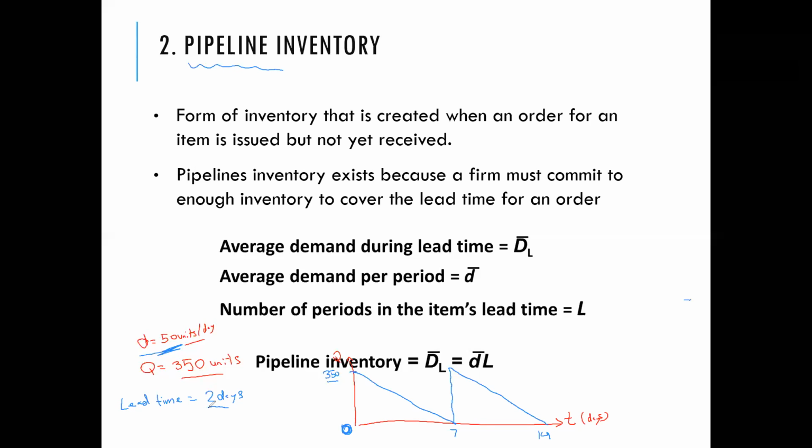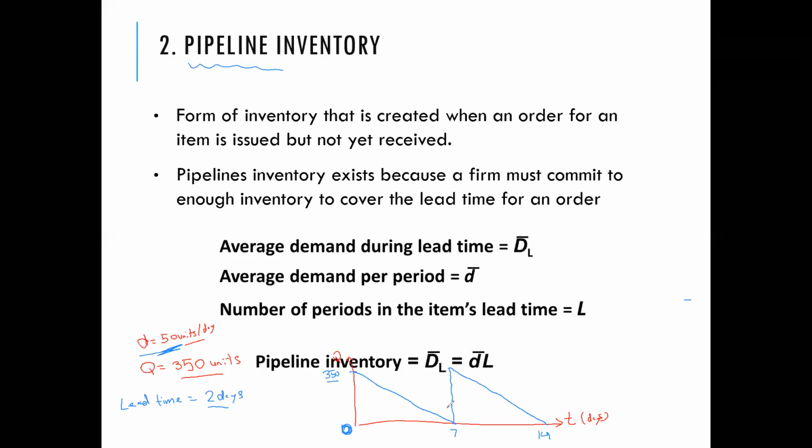Now, my question is, if your lead time is 2 days, and in this example, you don't want to end up with a stock out on day 7, when should you place your first order? I'll repeat the question again.